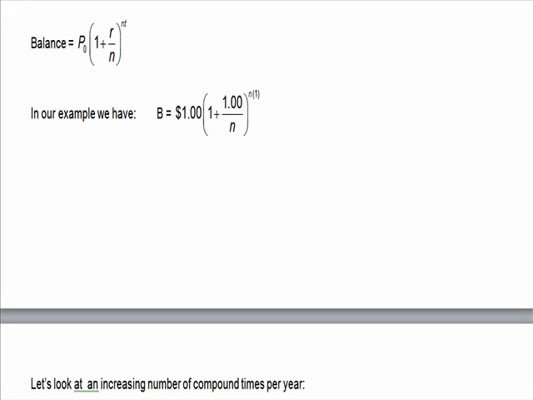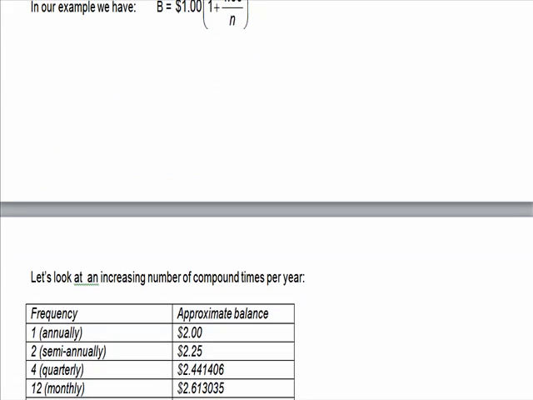So when I do that, I take that formula and I actually compound a number of times. If I do it once, I get $2. If I compound it semi-annually, twice, so if I used n as 2, I get $2.25. If I use quarterly, so that n was 4, I'd end up with 2.441406. And I realize that's not money, but it's important so I can look at the decimals here.